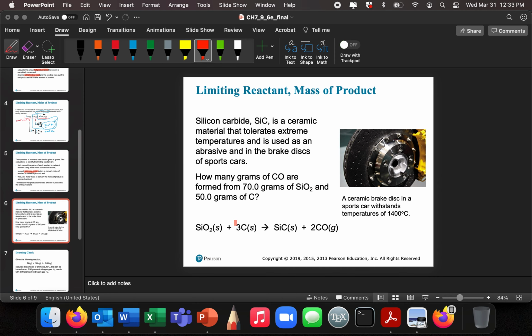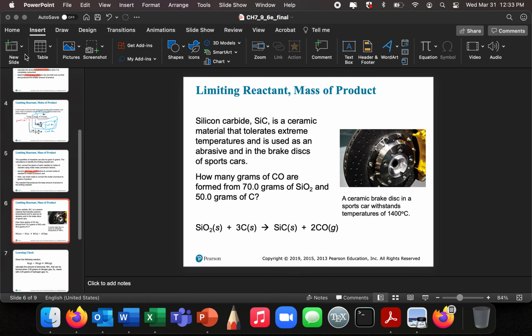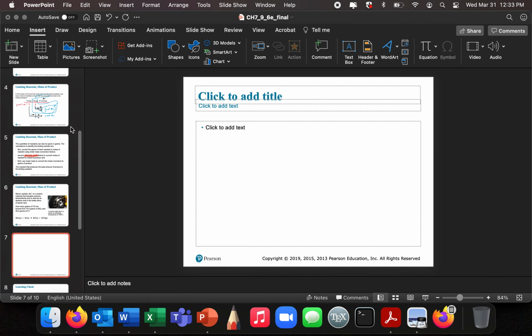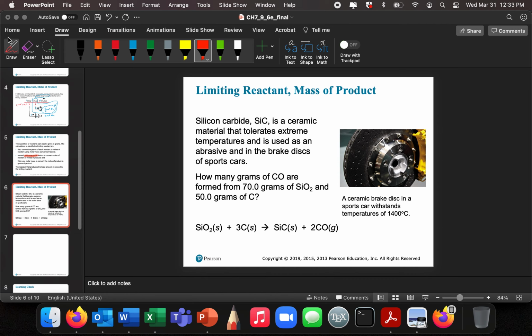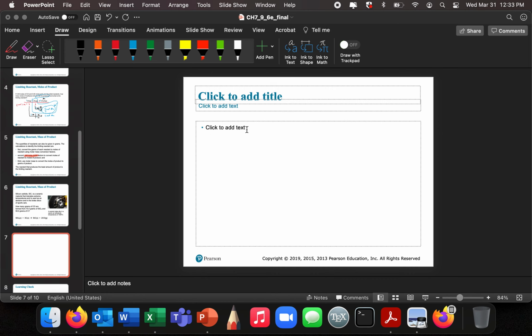Suppose that we have silicon dioxide. All right, you know what I'm going to do? I'm going to insert a slide, copy that, and put it on a blank slide.